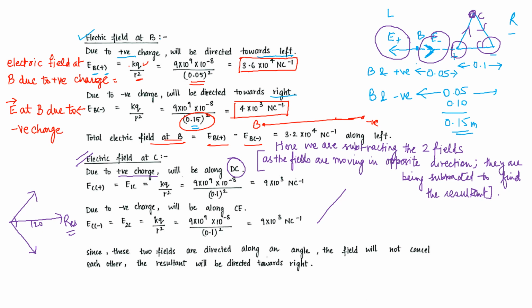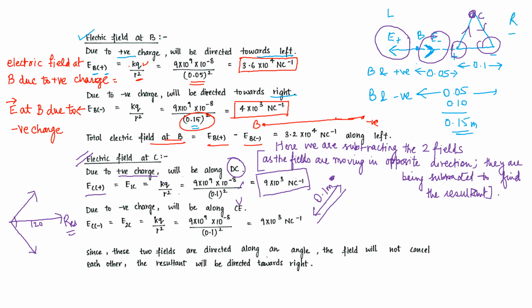And we will find E at C due to positive charge equals KQ by R square, as the triangle which was made was like an equilateral triangle. So this side DC or CE is the same, 0.1 meter. Okay. So we will substitute the value over here, calculate it to get the electric field magnitude.